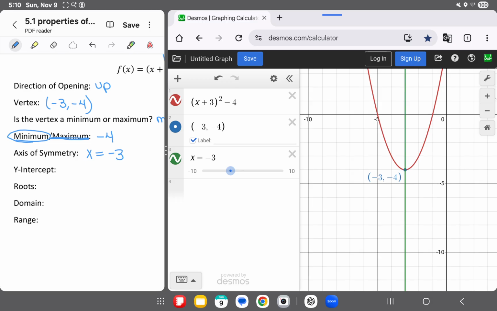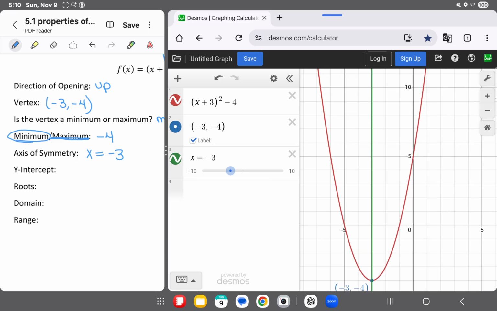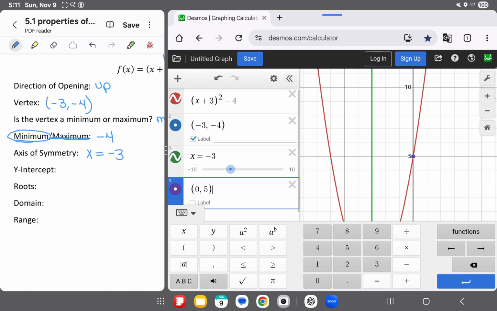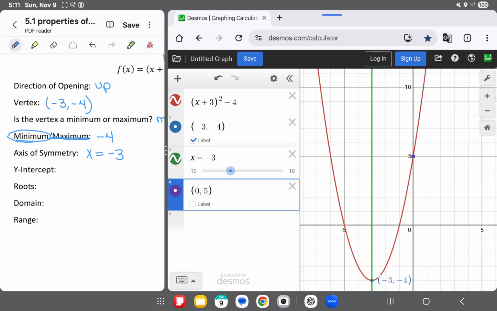Now our y-intercept, I can drag my graph and click on my function, and here is my y-intercept at (0, 5). So I'm going to go ahead and note that. And then our roots, remember these are our x-intercepts.